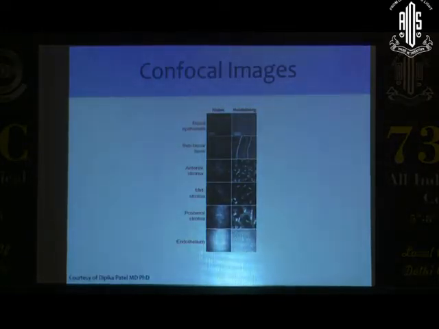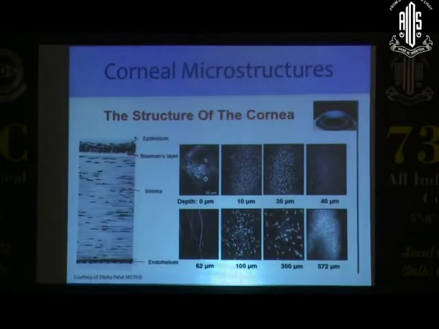And these are images of the Nidek and the Heidelberg to examine various corneal microstructures. Now, in order to understand what's abnormal, we have to know what is normal, and you get beautiful images of various layers of the cornea.